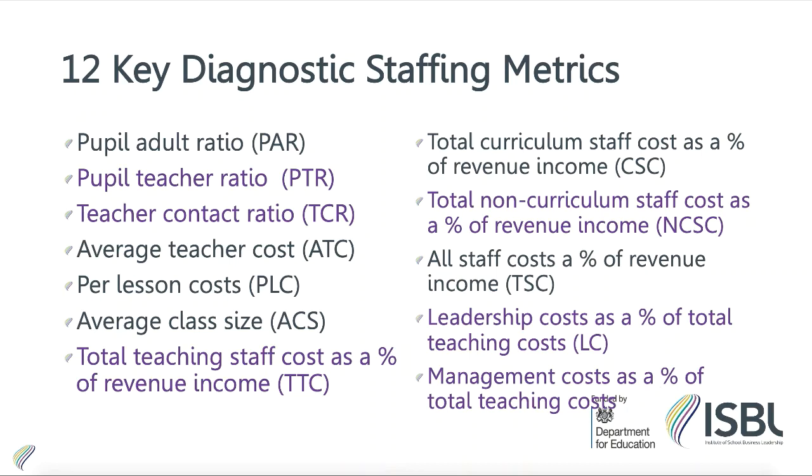They will include metrics such as pupil-adult ratio, average teacher costs, contact ratio, teaching staff as a percentage of total revenue income, leadership costs as a total percentage of teaching costs. There are 12 key metrics that we would say would be able to point you in the right direction.